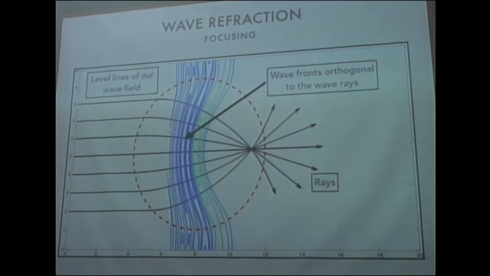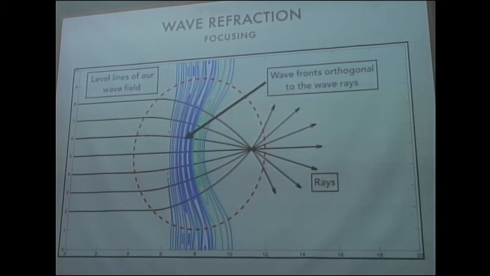In this situation, we can study from a theoretical point of view these refraction patterns, which involve an equation that gives you these lines known as wave rays. What we know is that the wave follows the rays.